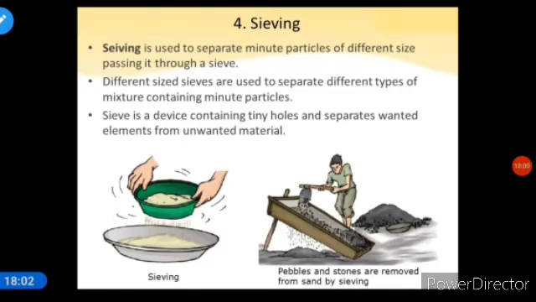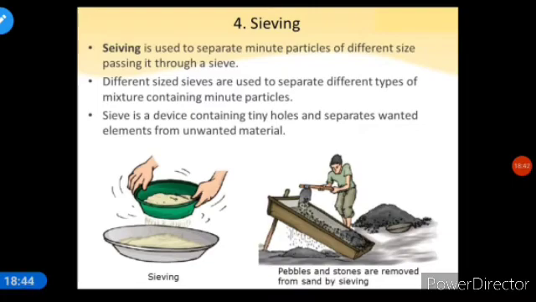Now the fourth method is sieving. Sieving is used to separate minute particles of different sizes by passing them through a sieve. Sieve means channi. Sieving is used when the particles are very minute. Different size sieves are used to separate different types of mixtures containing minute particles.